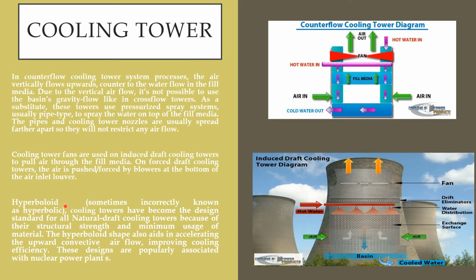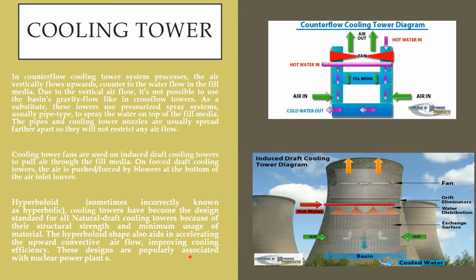And hyperboloid or natural draft, sometimes incorrectly known as hyperbolic, cooling towers have become the design standard for all natural draft cooling towers because of their structural strength and minimum usage of material. The hyperboloid shape also aids in accelerating the upward convective airflow, improving cooling efficiency.